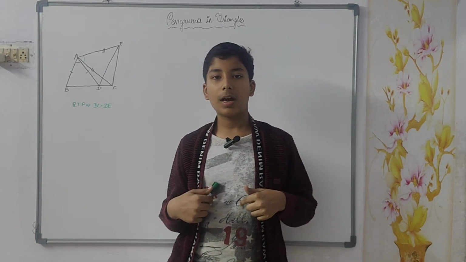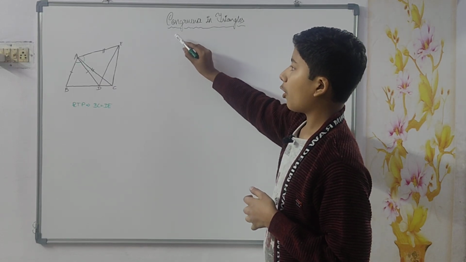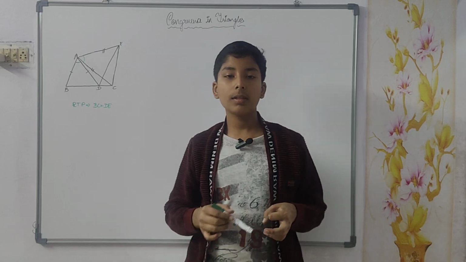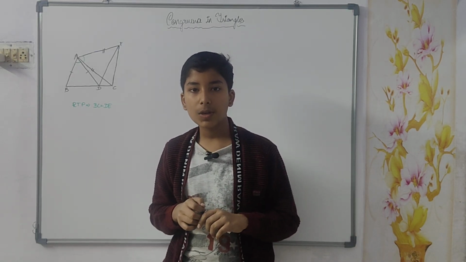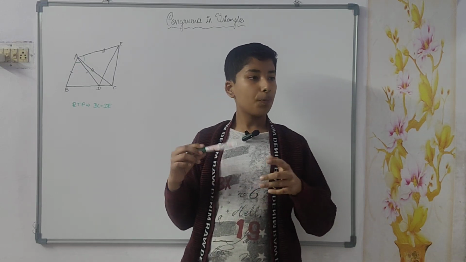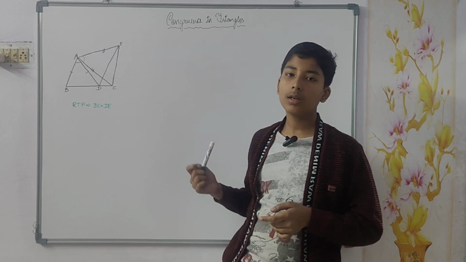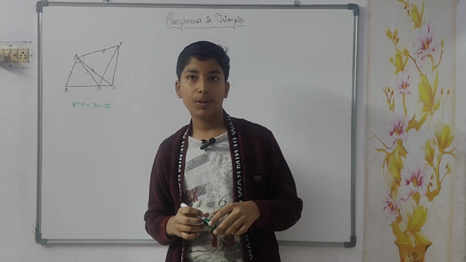As you all know, this is Karthik, and in today's video, we'll do the chapter congruence in triangles. This is the second part, as you might have seen in the previous video. We did the properties of congruency in the last video. Let me tell you about them in brief.